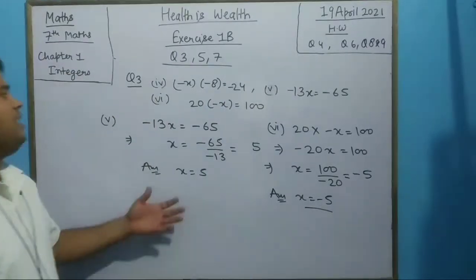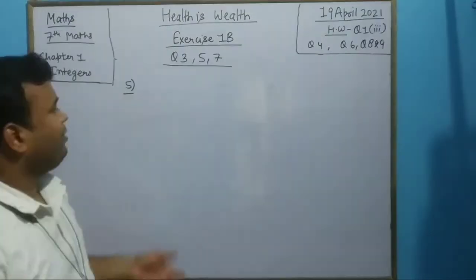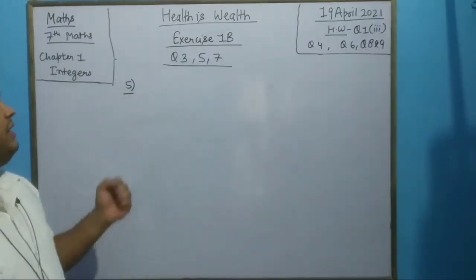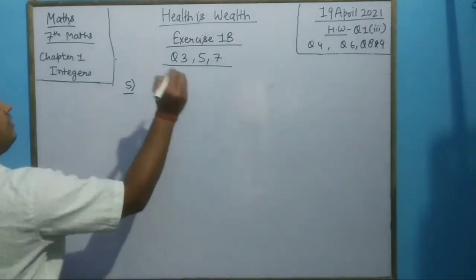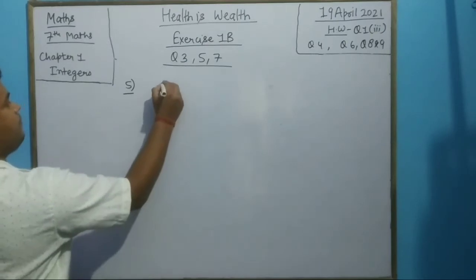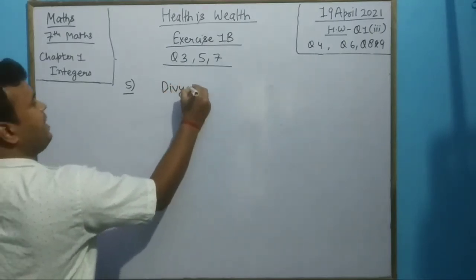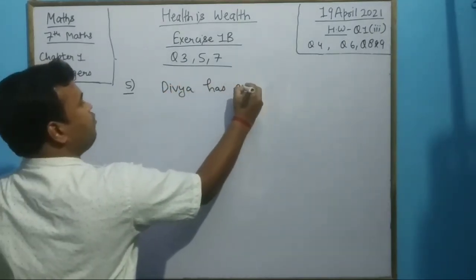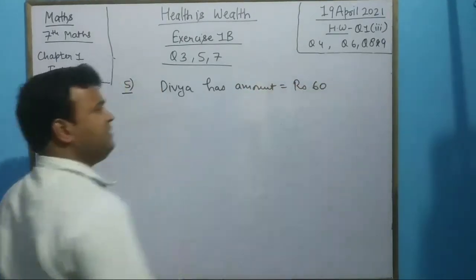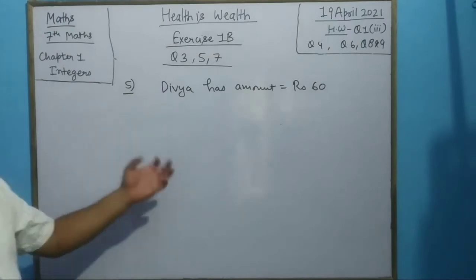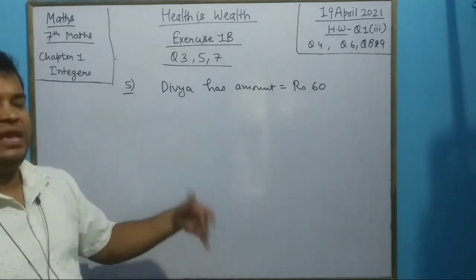Now let us see question numbers 5 and 7. It has been given, there is a lady, Divya. She has 60 rupees. So let us write it in words. Divya has an amount, how much? That is 60 rupees she is having. How many rupees does she take out every day?